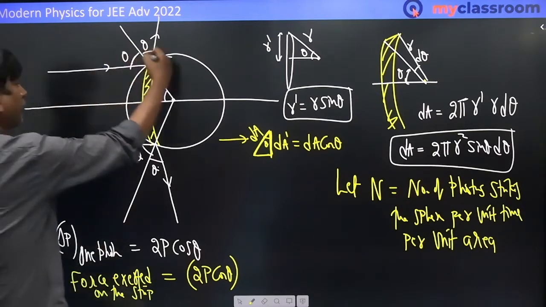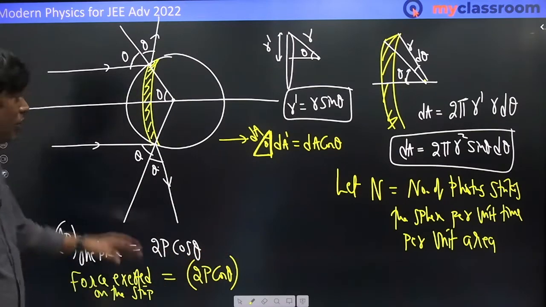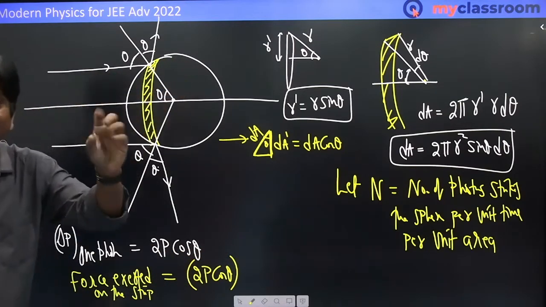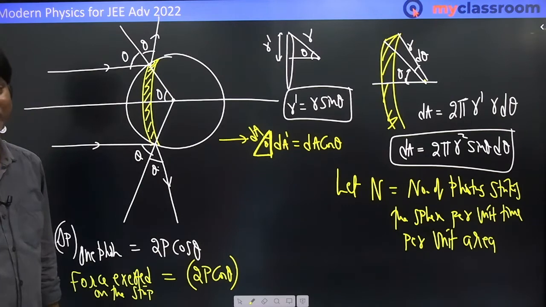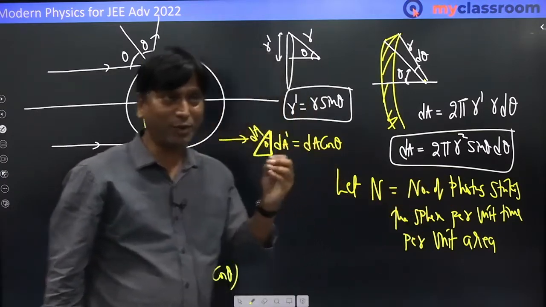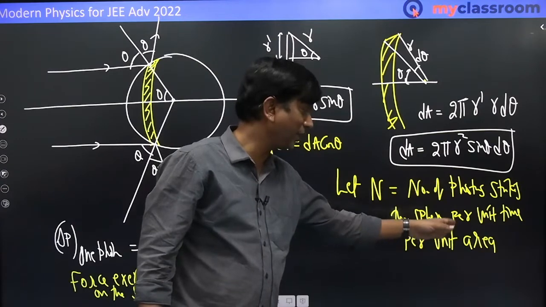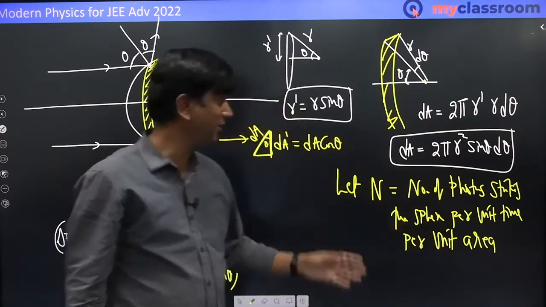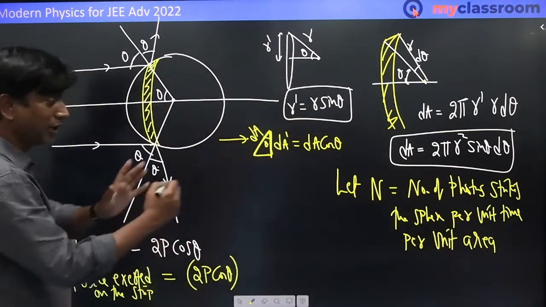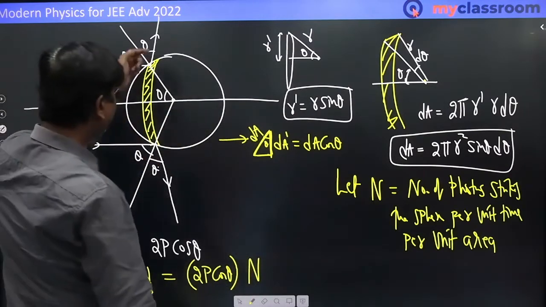Force exerted by these photons on this strip will be equal to the change in momentum of one photon into the number of photons which are striking the strip. The total number of photons striking that strip per second: already the number of photons striking the sphere per unit time per unit area is n. So total number means you multiply n into the area of the strip.